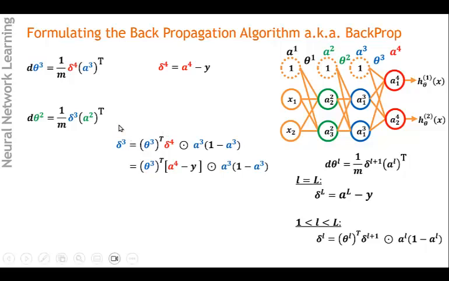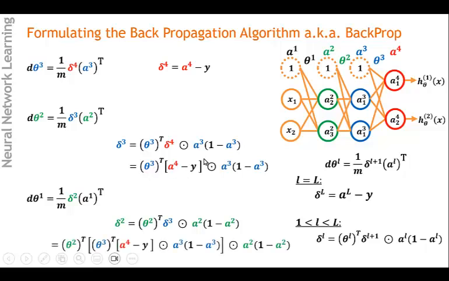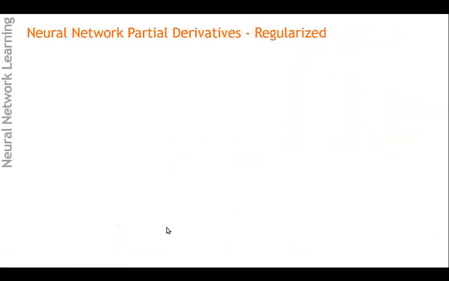He plugged in the delta, and it's going to take a while to get this. And then he just does the same formula again. The delta 2, this is the formula given here. Then he plugs in what delta 3 is. Delta 3 is from up here. Now, in practice, you wouldn't do the formula. You would compute the delta 3 first, and then you use the result here. So it will be simpler.